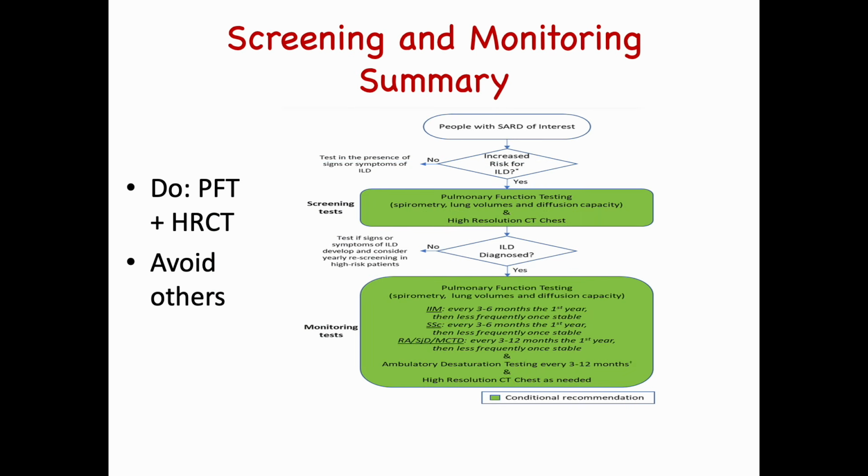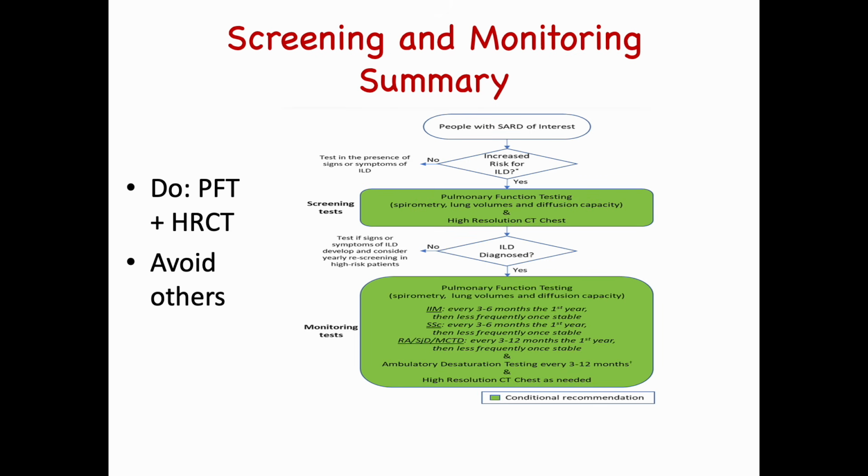So this is the screening and monitoring summary flowchart given in this paper. The key concept is do PFT plus HRCT. So if there is a person with SARD of interest, he's at increased risk of ILD based on our risk factors, then we do both pulmonary function and HRCT.